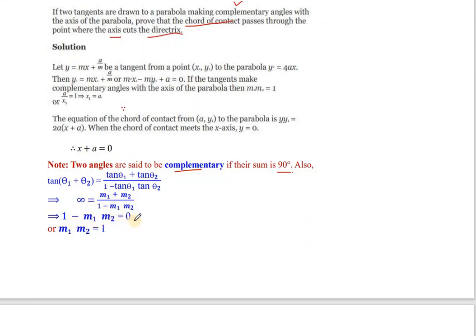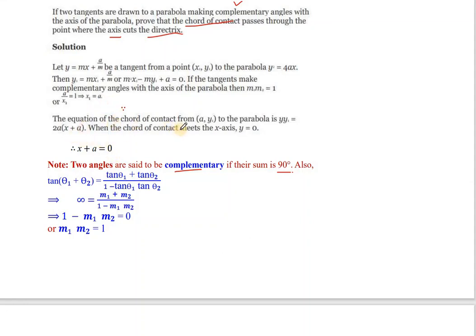So 1 minus m1 m2 equals 0, or in other words m1 m2 = 1. That is what we have got from the given condition. Already from here the product of the roots is a/x1, so a/x1 = 1, which in turn implies that x1 = a.